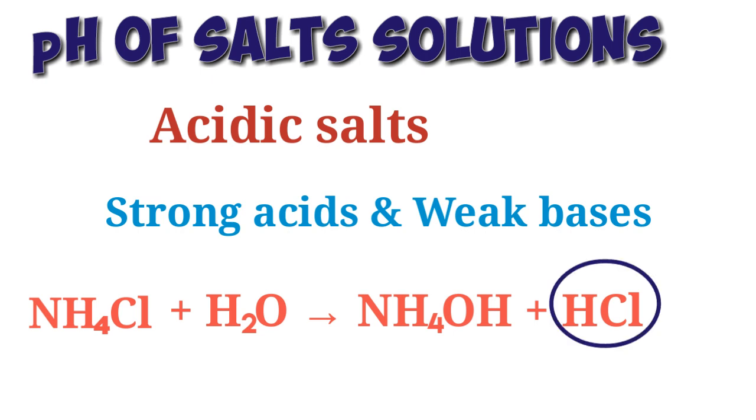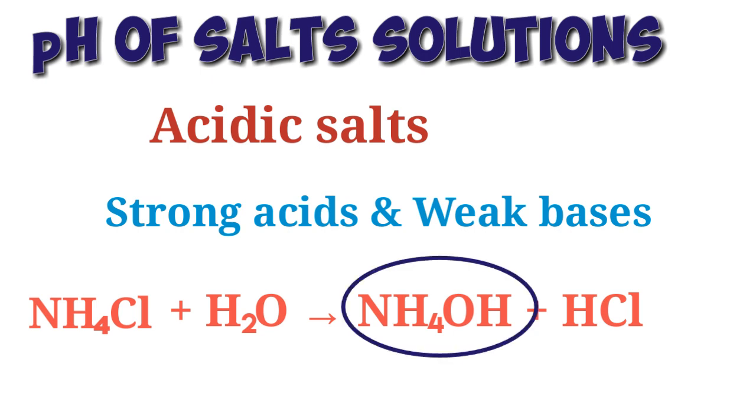The hydrochloric acid is a strong acid which is fully ionized and gives a large amount of hydrogen ions. On the other hand, ammonium hydroxide is a weak base which is only slightly ionized and gives a small amount of hydroxide ions. Since the ammonium chloride solution contains more hydrogen ions than hydroxide ions, it is acidic in nature. It turns blue litmus red.